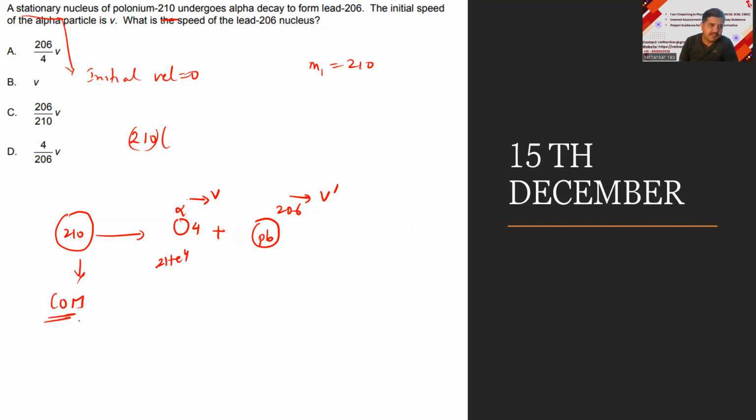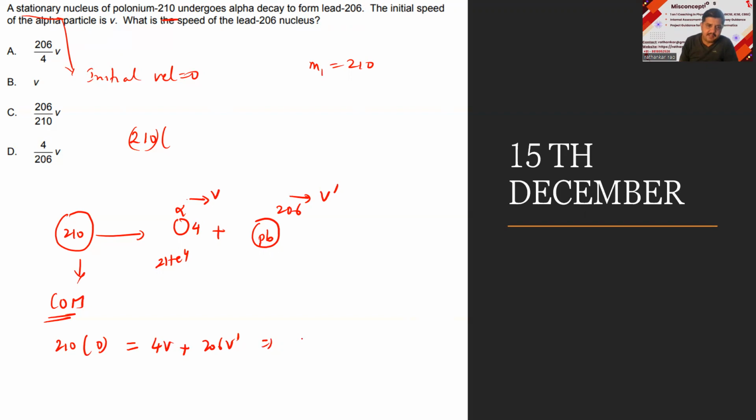Momentum before collision is 210 multiplied by 0, as this was not moving, so velocity is 0. This should be equal to the momentum after, which is 4 multiplied by v plus 206 multiplied by v dash.